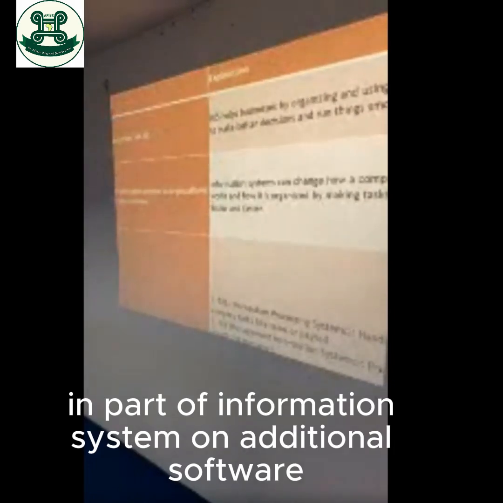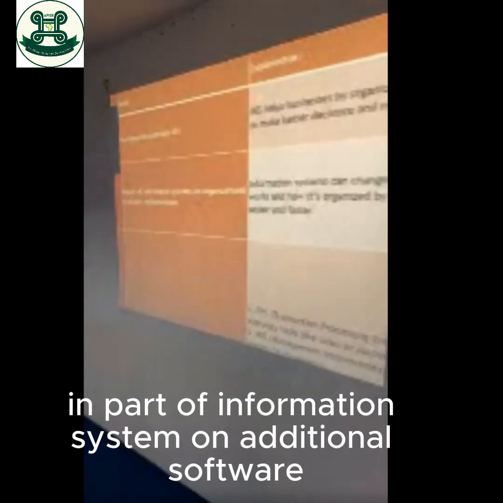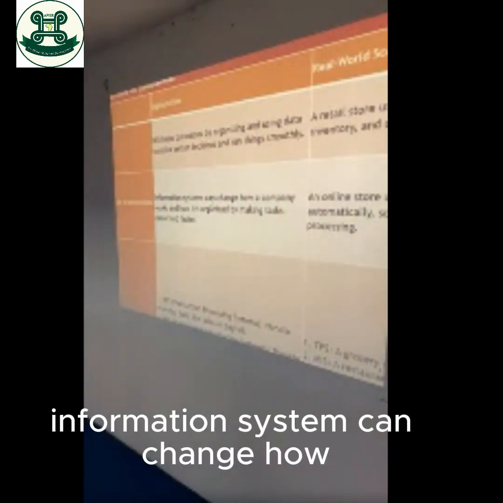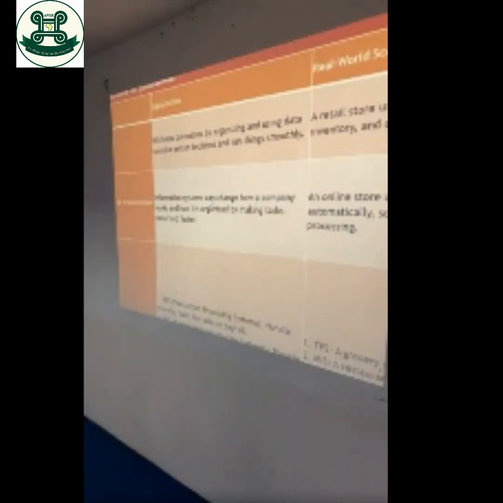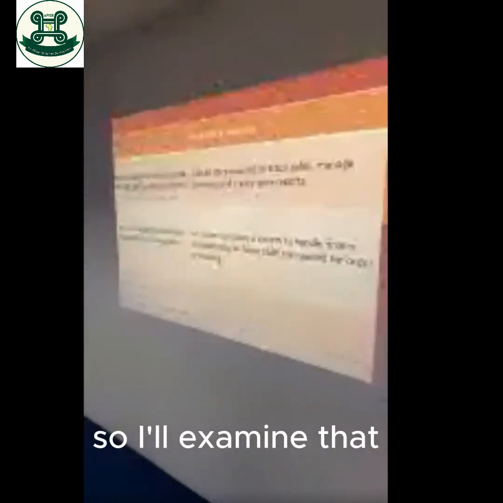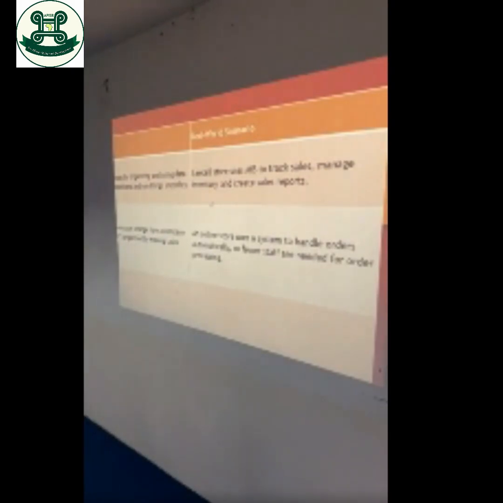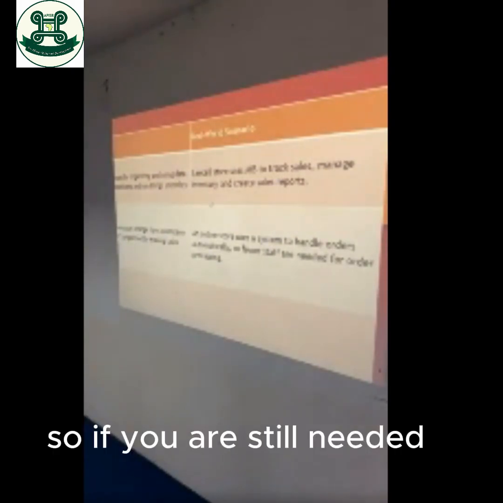Now, the impact of information systems on organizational structure and operation. Information systems can change how a company is organized and works, making things easier. An example is that it uses a system to handle orders, so fewer staff are needed.